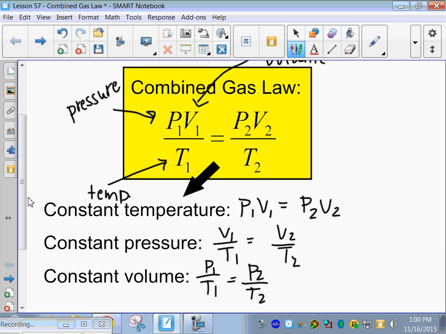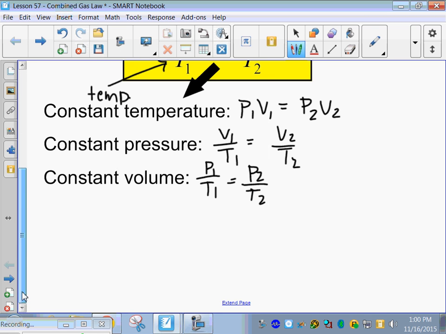So useful and helpful, but not 100% necessary. If you guys don't remember this, it's not the end of the world. The problems will still work. All right, so we just eliminated the variable that stayed constant.